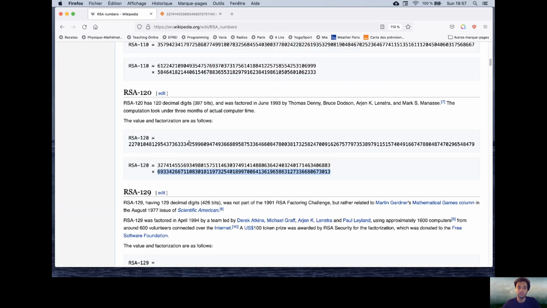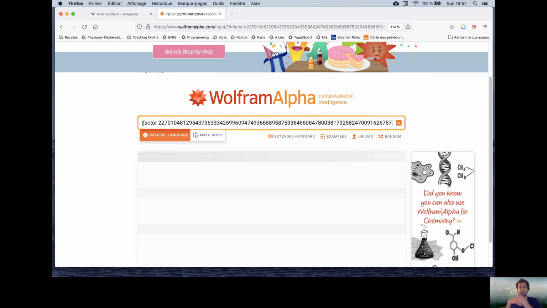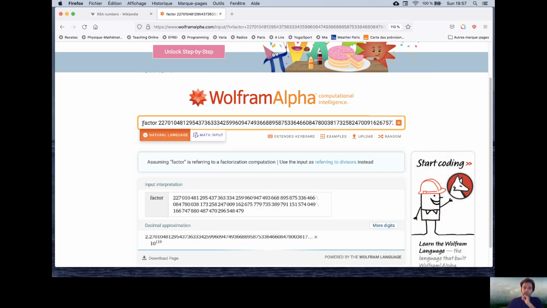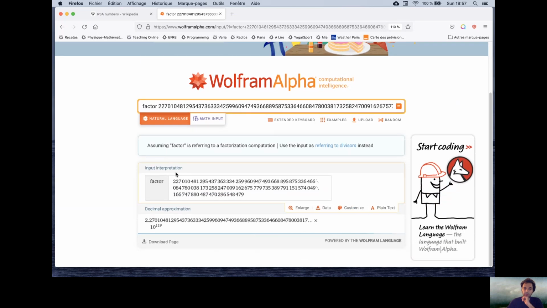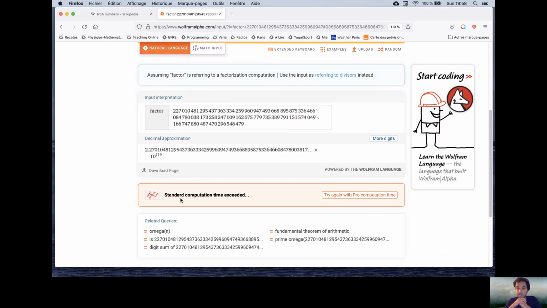Now we can ask the opposite. Let's take the result here, and ask the same website: you have the number, so now factor it into prime numbers. Let's see, it takes some time, it understands what we want to do, and however: standard computation time exceeded.